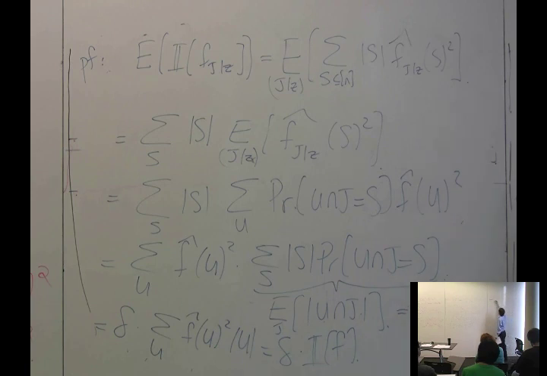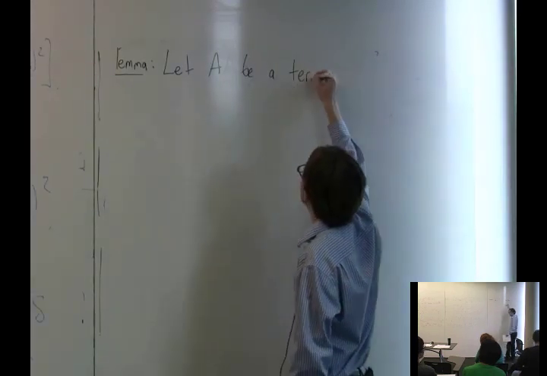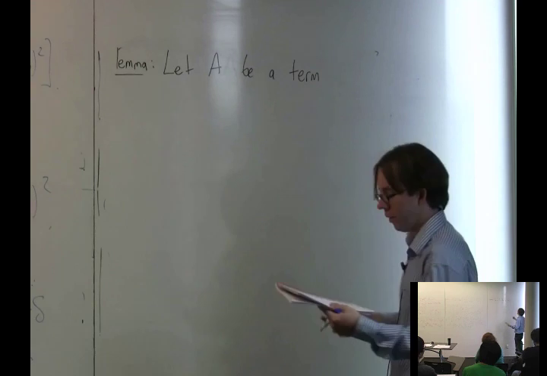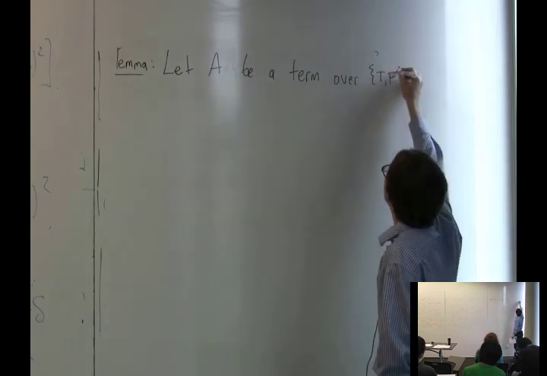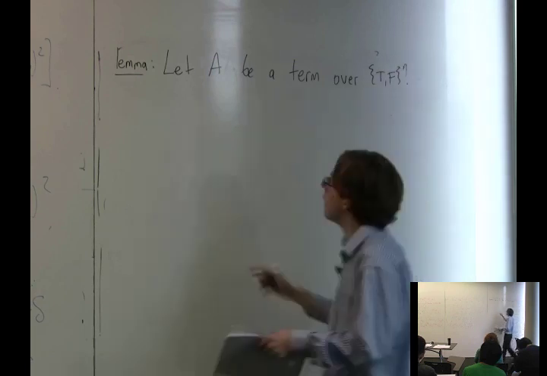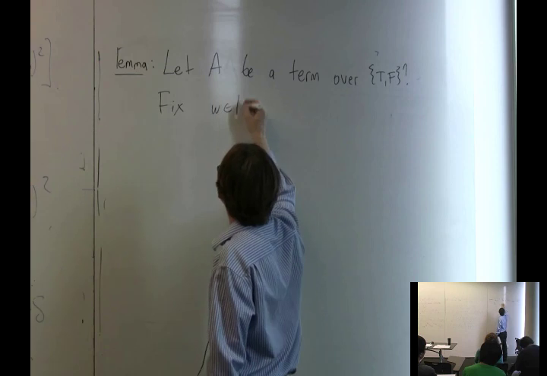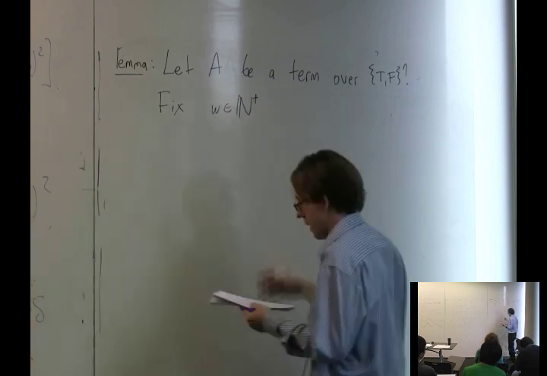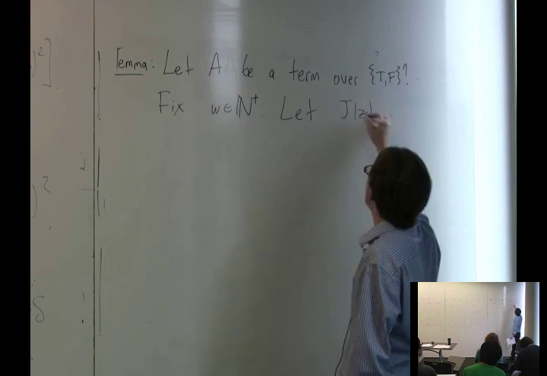In fact, this lemma will just be about what happens to terms under random restriction. So let A be a term in a DNF, that's some AND of literals. And fix any natural number W. And let's say we do a half random restriction.